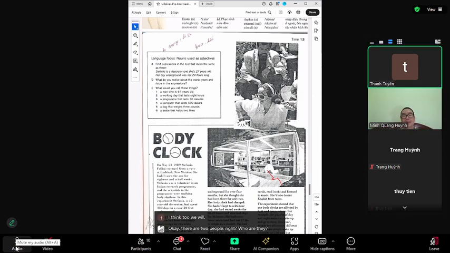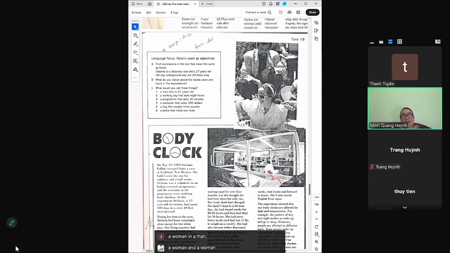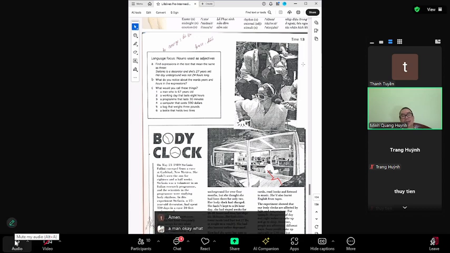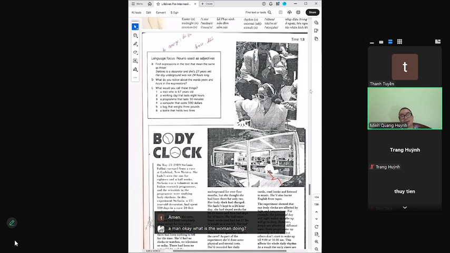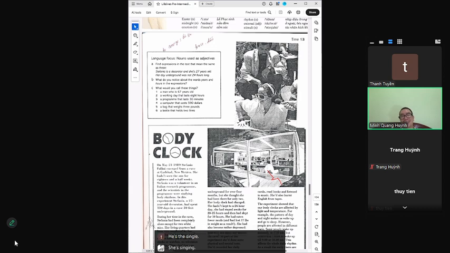A woman and a man. Okay, what is the woman doing? She's singing? Yes, I think maybe. Alright. Where is she?